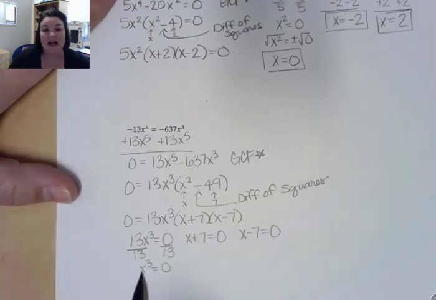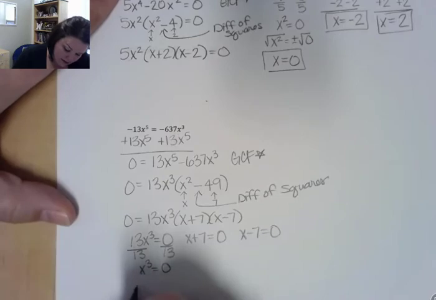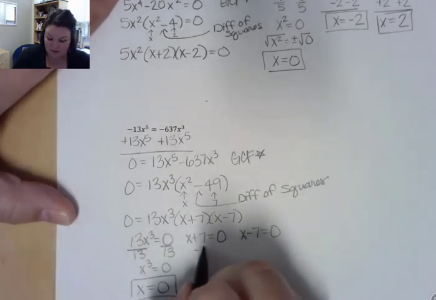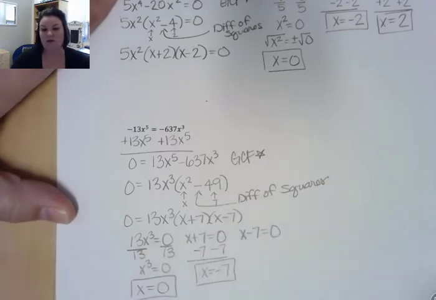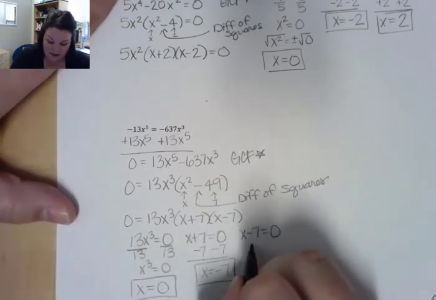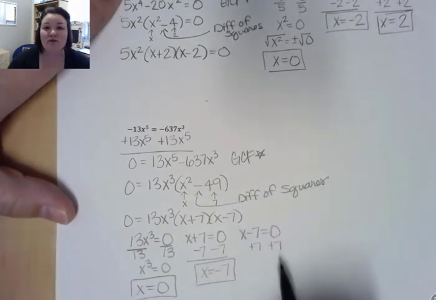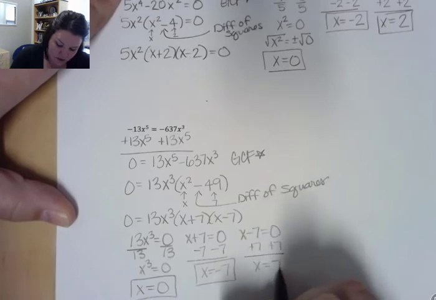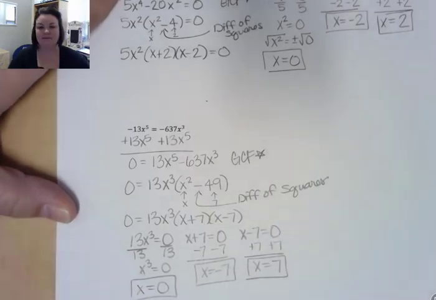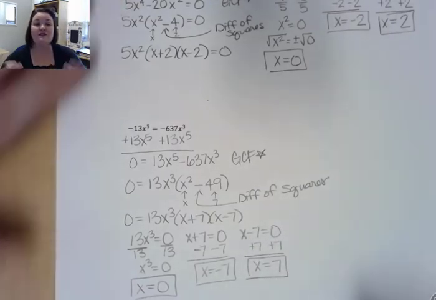And the only number that I can cube and get 0 is 0 itself, right? So this means x has to be 0. My second one, I move my 7 over by subtracting, which gives me x equals negative 7. And then my third one, I move my 7 over by adding, which gives me x is equal to positive 7. Okay?